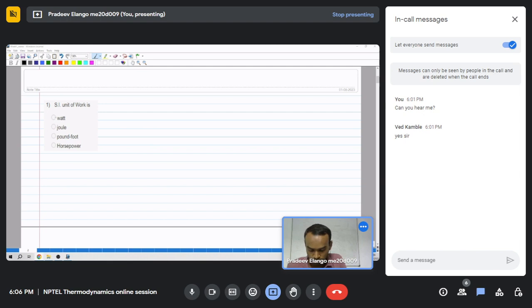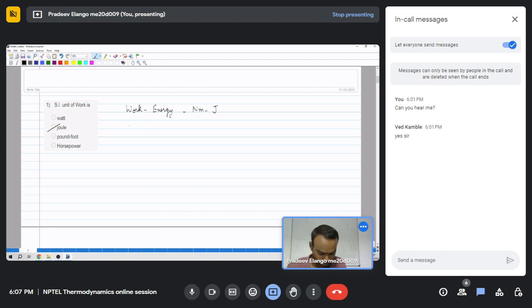Okay. SI unit of work is watt. The work has the unit of energy, and it can be Newton meter. Sorry, work is joules. So work energy is Newton meter or joules.